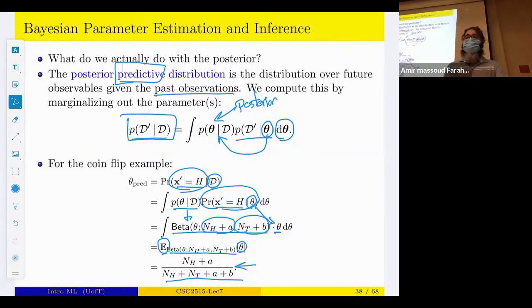So, for example, predicting that the next draw of a coin would be head is related, but not exactly the same as the probability of the parameters of a coin being certain values.